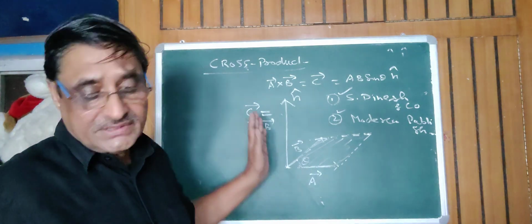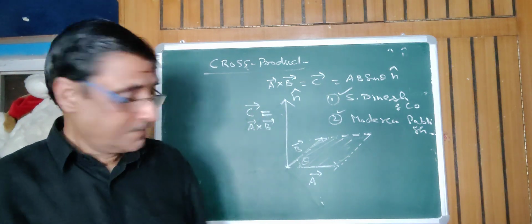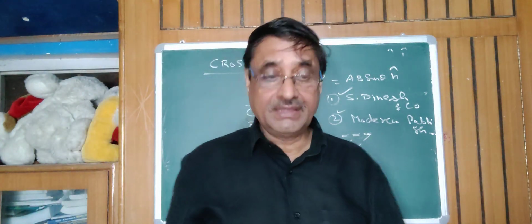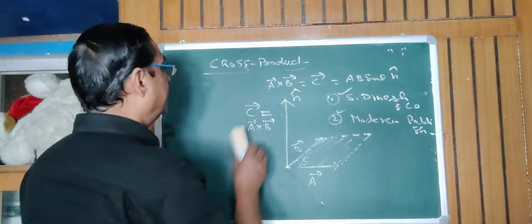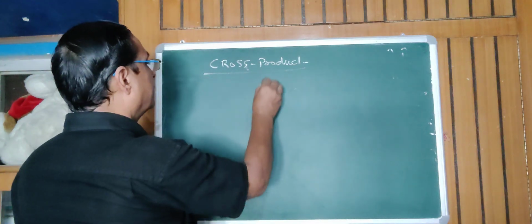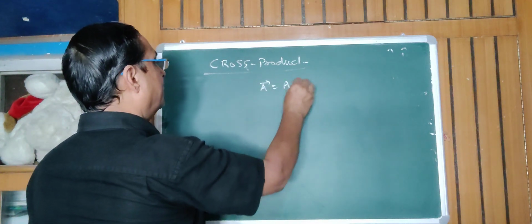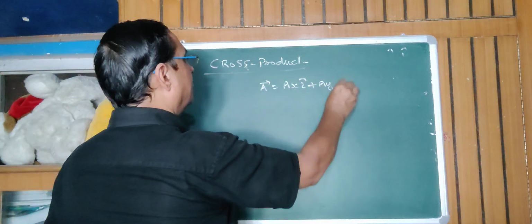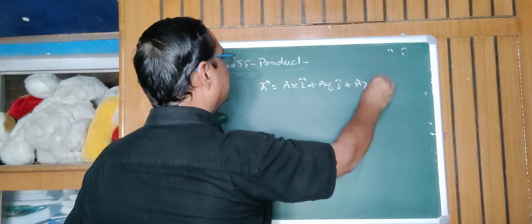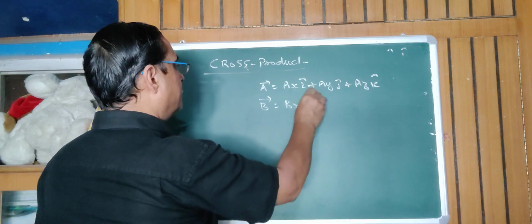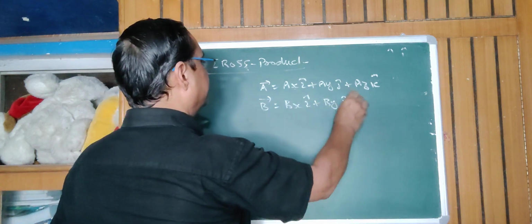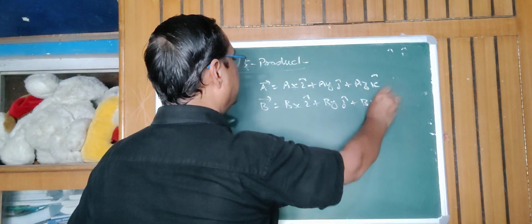So just try to see. So this is A cross B and this is this. And further you see how to take A cross B. A cross B आप कैसे निकालते हो? If you have two vectors, this is A is given by AXi, AYj plus AZk, and B you have BXi, BYj plus BZk.